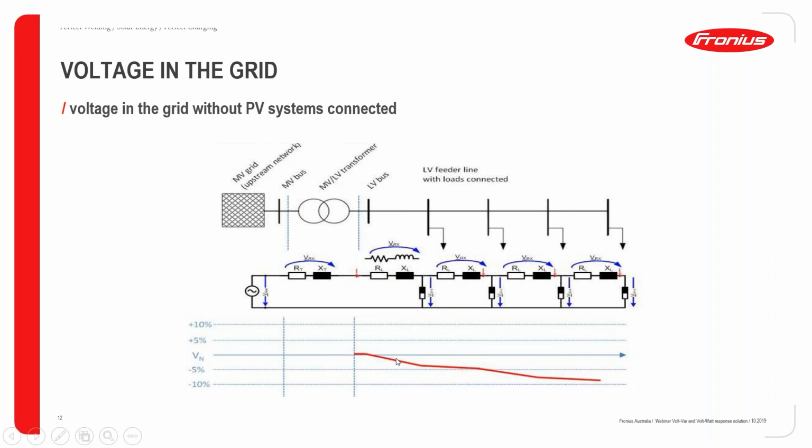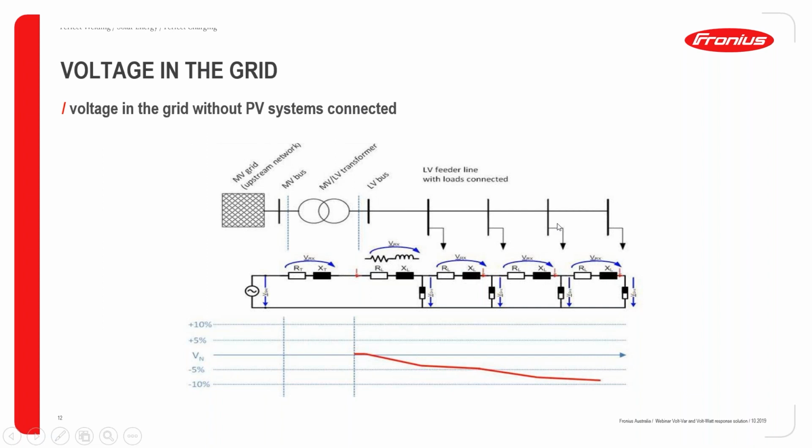So this one shows no PV system connected, and whenever we have these sorts of situations, as you can see, the voltage drops. As you go further away from the transformer, the voltage will drop because of the resistance in the line. The houses at the end of the line would possibly get a voltage drop of up to negative 10%, depending on the resistance of the grid lines.